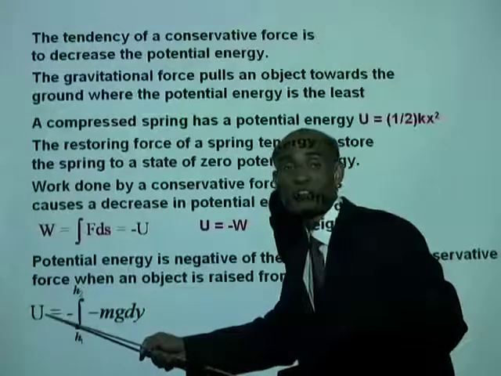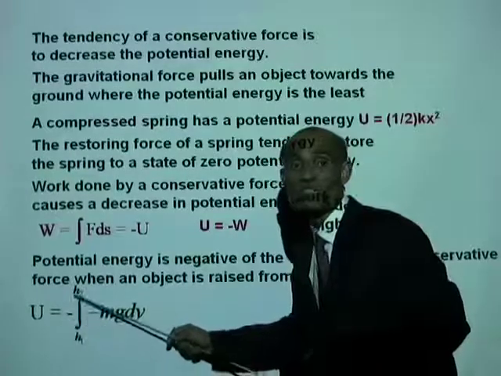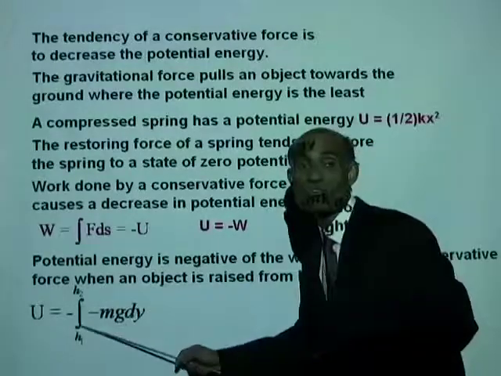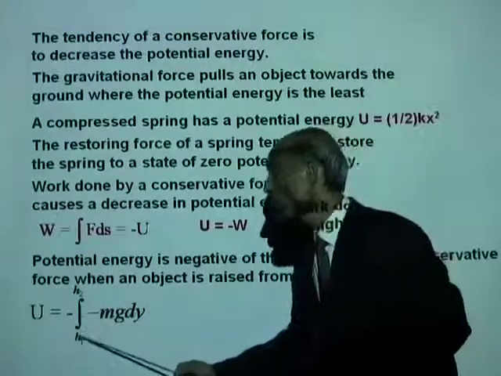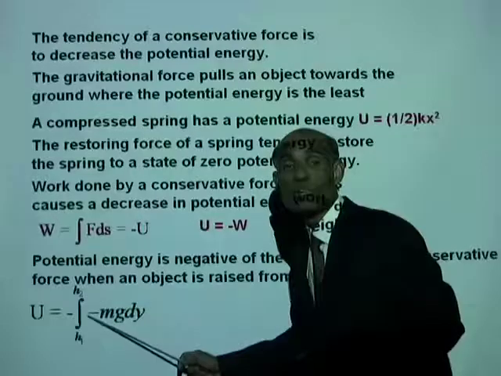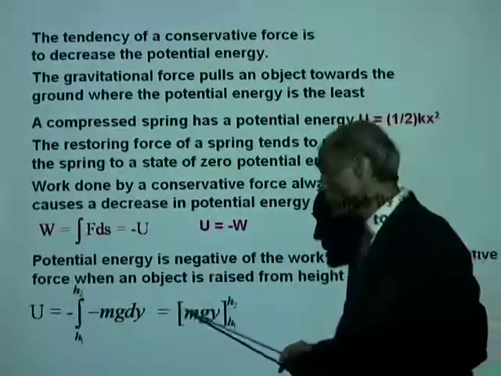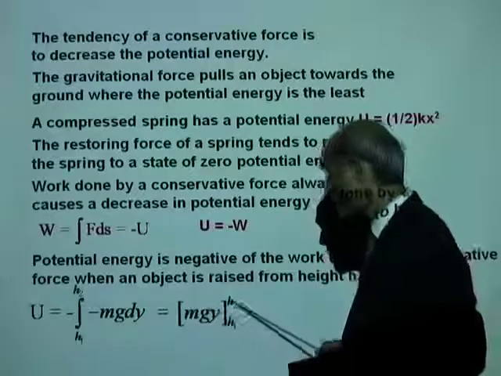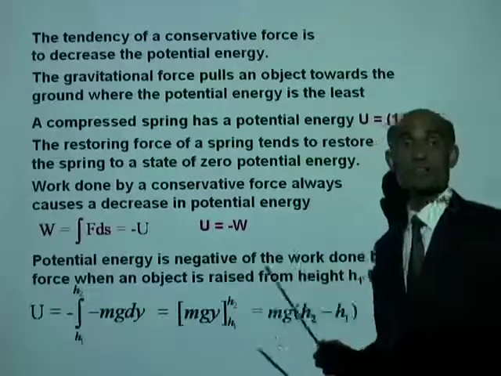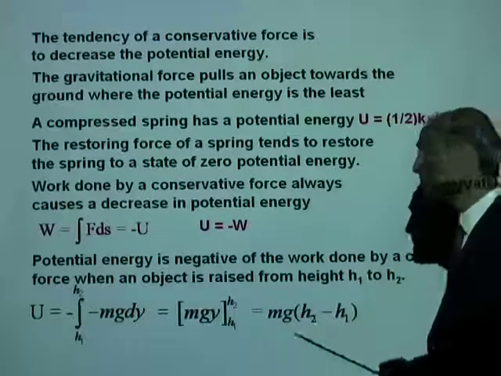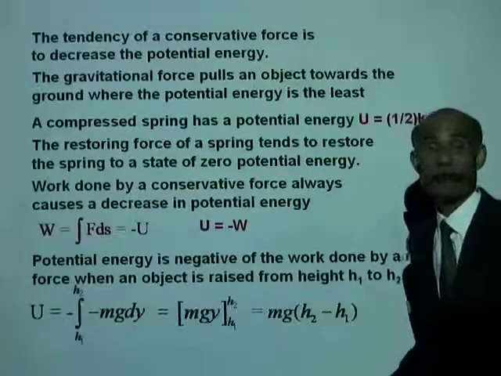So potential energy U equals the negative of the work done by the conservative force, which is the integral from h1 to h2 of negative mg dy. And that will be mgy from h1 to h2, or you can write it as mg times (h2 minus h1).